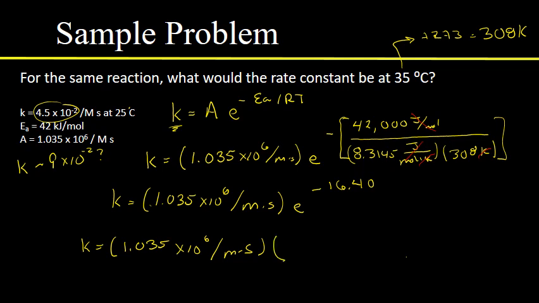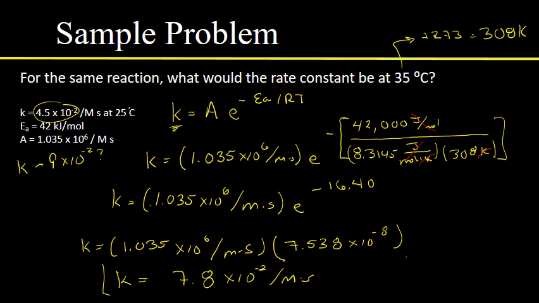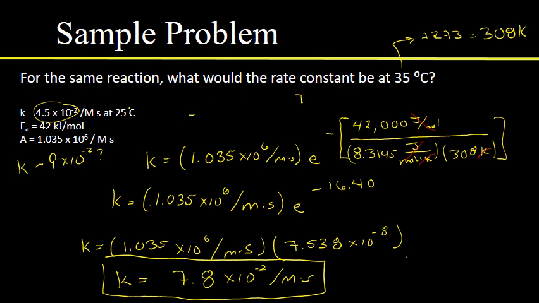E to the minus 16.40 is 7.538 times 10 to the minus 8. And so K is 7.8 times 10 to the minus 2 per molarity second. Okay. Let me rewrite that a little better.